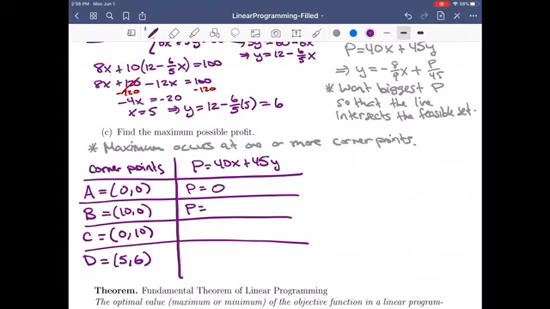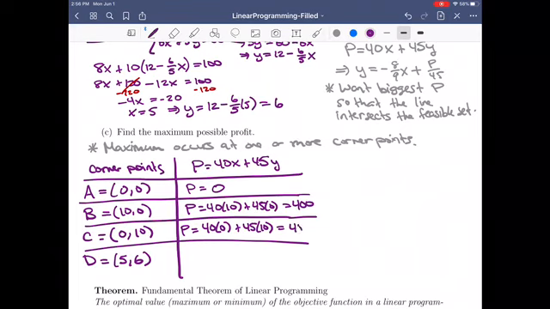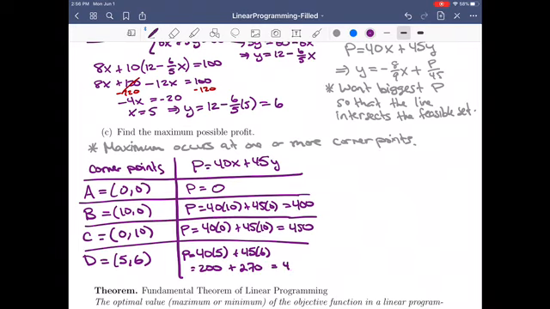For point B, I plug in 10 for X and 0 for Y, so that one's going to be 400. Here I do the opposite: 0 for X, 10 for Y, so that's going to be 450. And then for the last one, I do 5 for X and 6 for Y. If you do that, I think you get 200 plus 270, so we get 470.